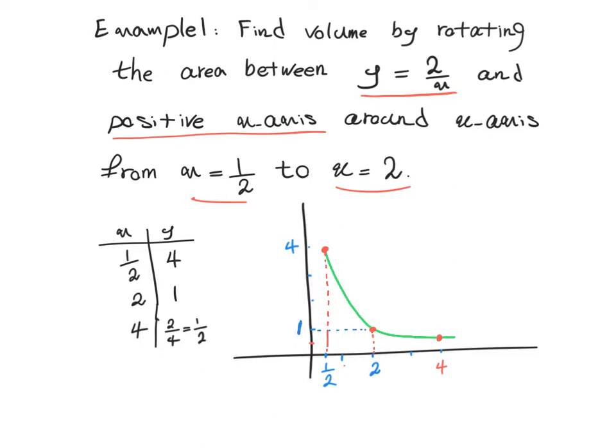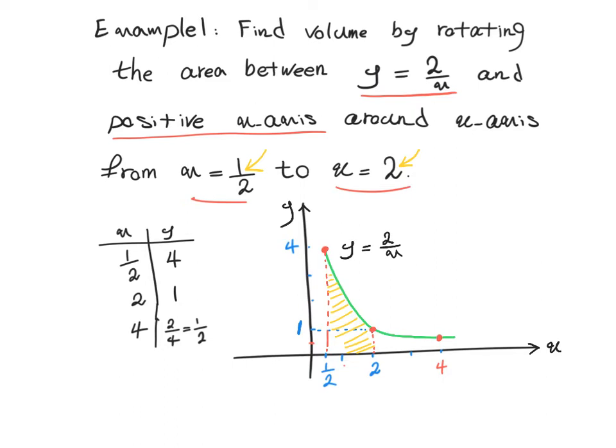If this is 1 over 2, this is 4. But the area that we are interested in is from 1 over 2 to 2, as the question is suggesting. Okay, so I'm highlighting the area. This is the area between the function, which is y equal to 2 divided by x, the green function, and the positive x-axis.